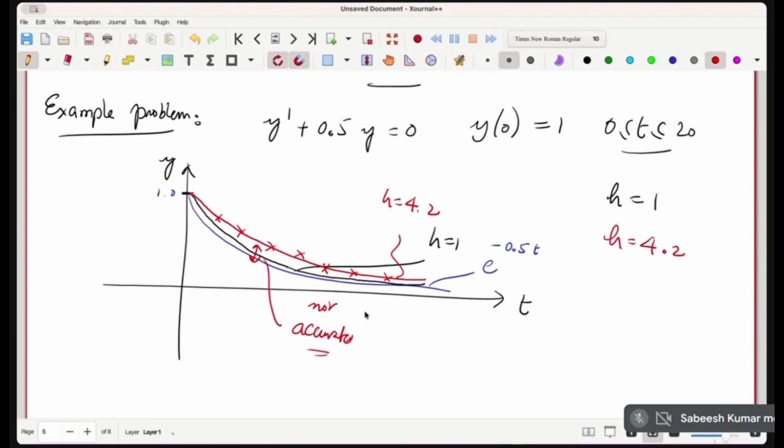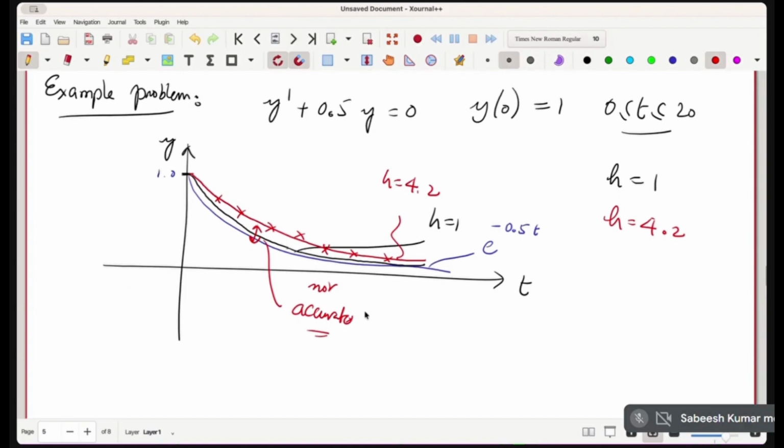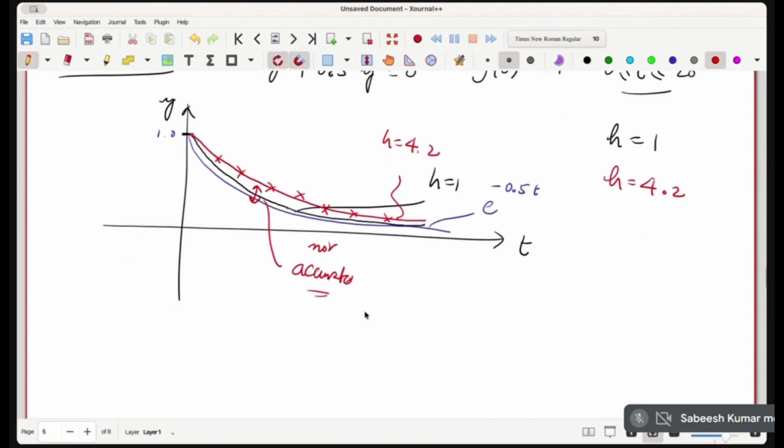So that means from the stability point of view, we want to take as large delta t as possible, right? Because it is unconditionally stable. So from the stability viewpoint, we would like to take delta t as large as possible.